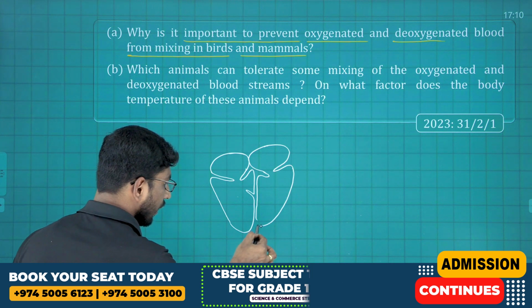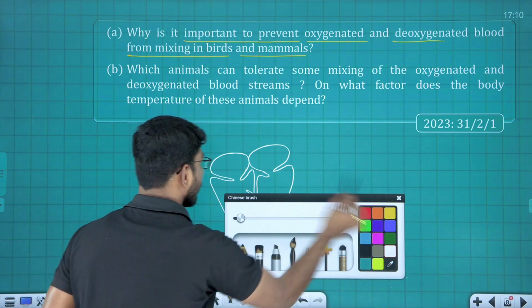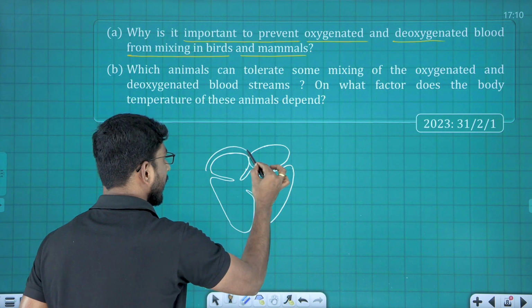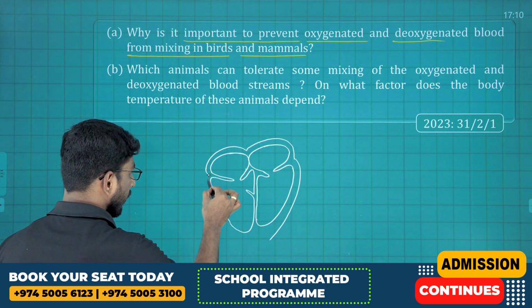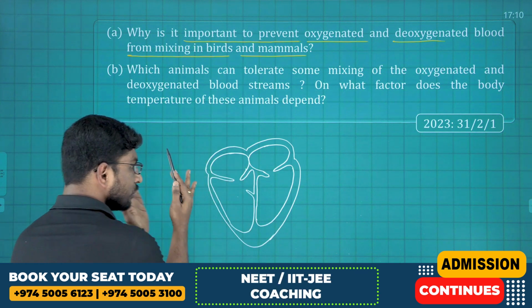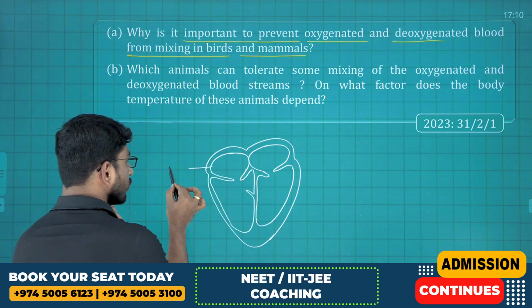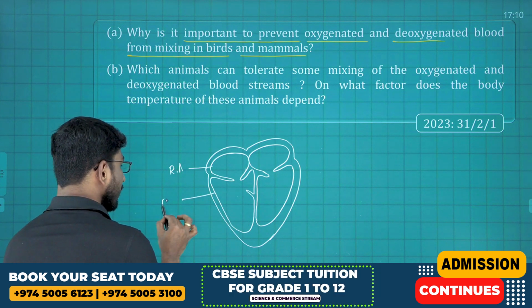Look at it. Now I'm writing here, this is the pericardium. Students, remember, the right side is always, this is called the right auricle, and here it is the right ventricle.